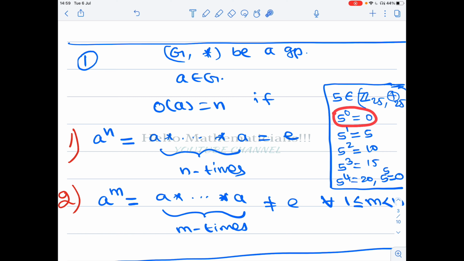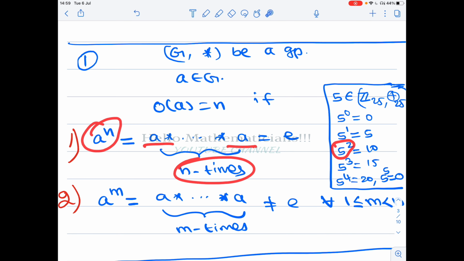So 5 power 0: we assume that in a group, a power 0 is the identity element for any a. Now 5 power 1 is 5. 5 square means you have to add 5 with itself 2 times, so 5 plus 5, addition modulo 25, and you will get 10.